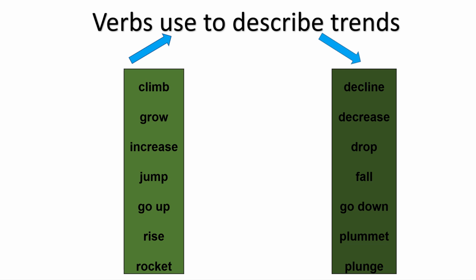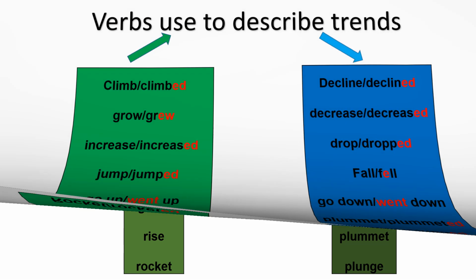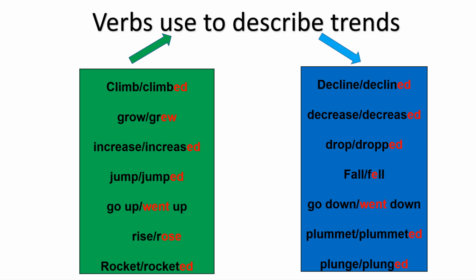You can check your answers here, whether you have correctly placed the words under each column for upward trend and downward trend. To check your answers for the past tense of the verbs to describe the trends, you can check this.